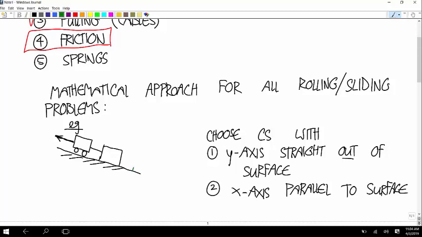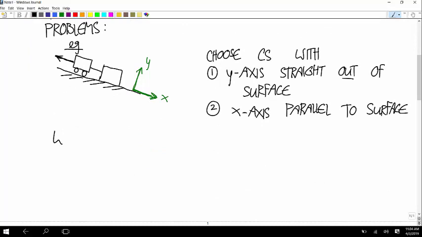So in a problem like the one I drew here, the y-axis would go straight out of the surface, and that means the x-axis has to go this way. Why? I want to list out the benefits and the drawbacks, and we'll see that the benefits are always going to outweigh the drawbacks.